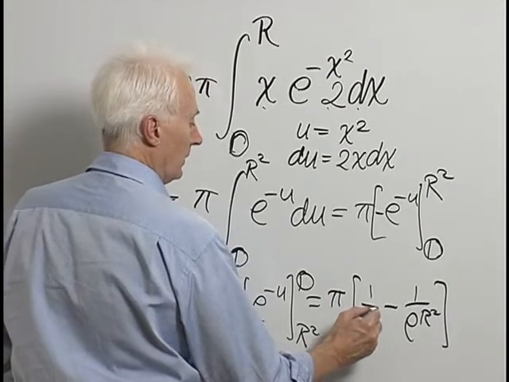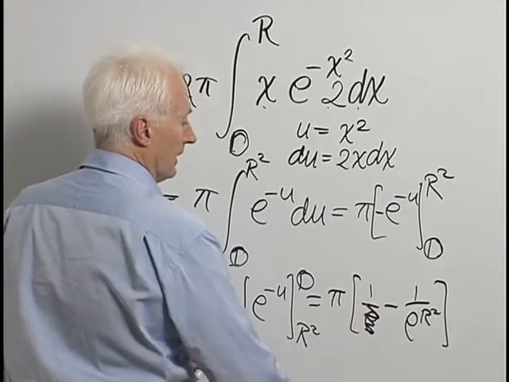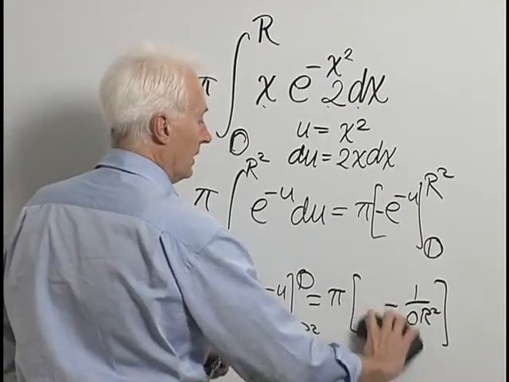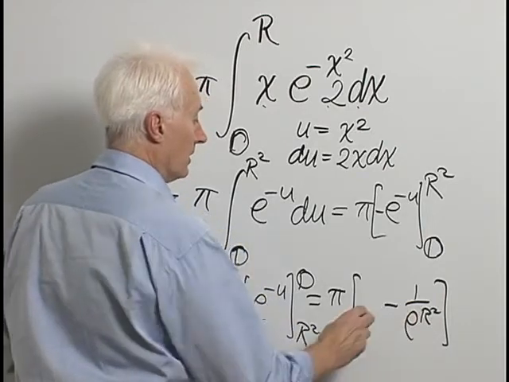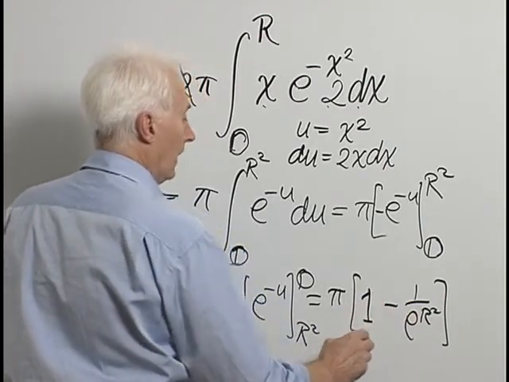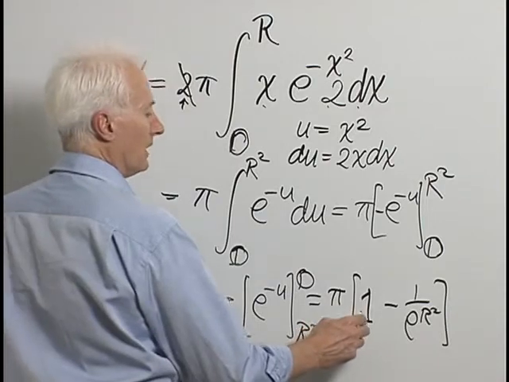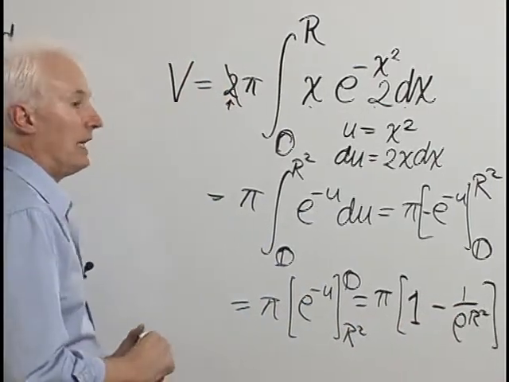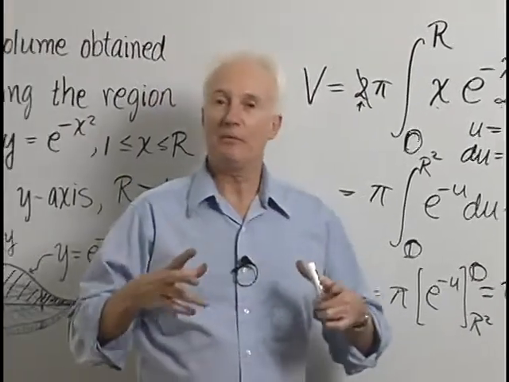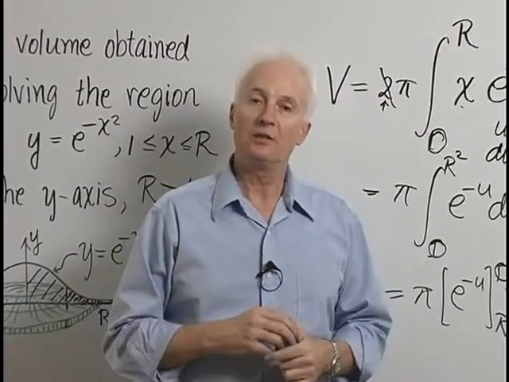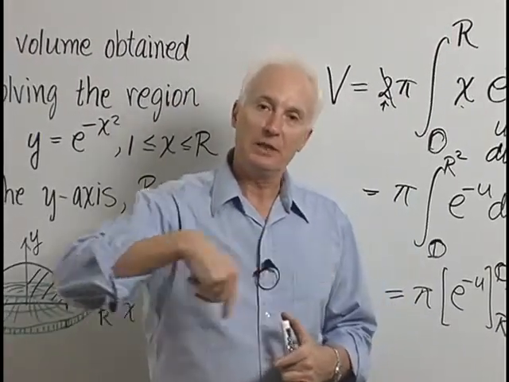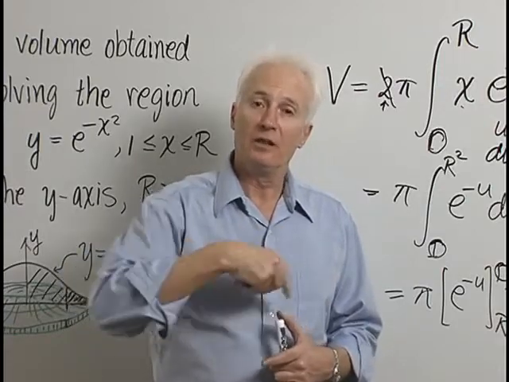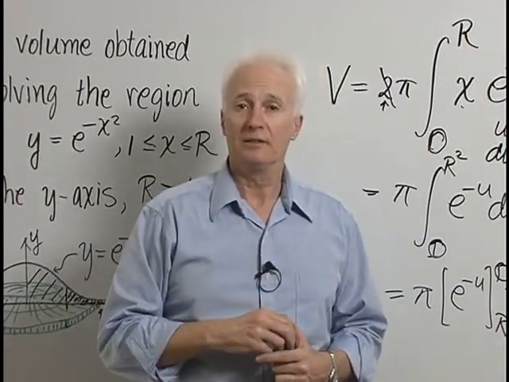In other words, that would wipe this out. And let me replace it by just the number 1. And we have pi times the quantity 1 minus 1 over e to the R squared for the volume of this whole hat-shaped figure out to radius R that we get by sweeping out as we revolve around the y-axis.